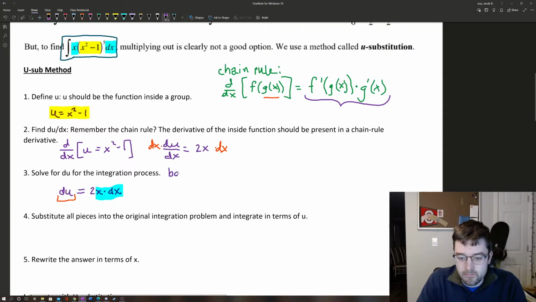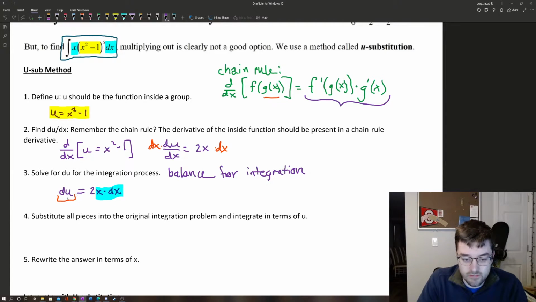I should say balance for integration. We need to balance our du equation so that this right side looks exactly like x times dx.